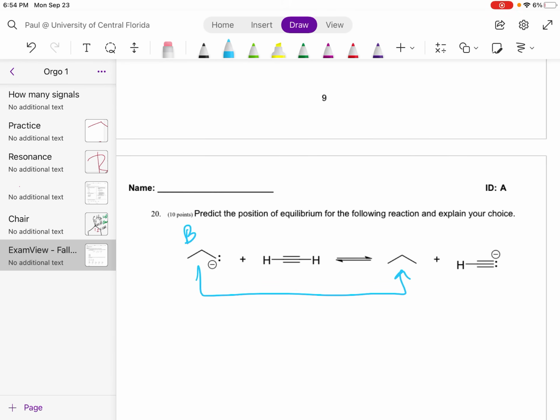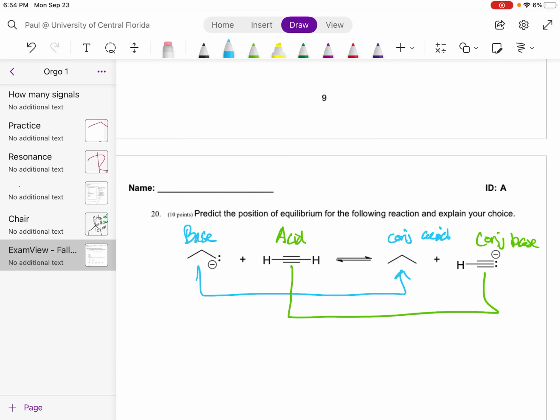So that makes that the base. And then from the alkyne to the alkanide, we have the acid. Conjugate base and conjugate acid, yes. Okay, so we figured that out.